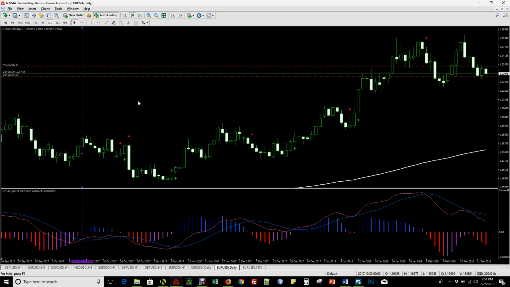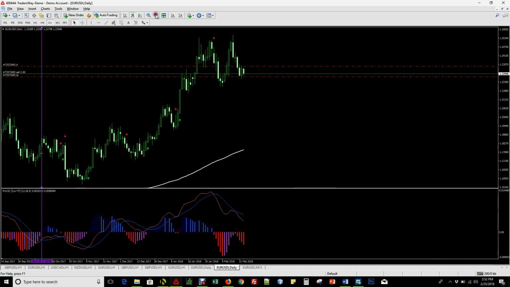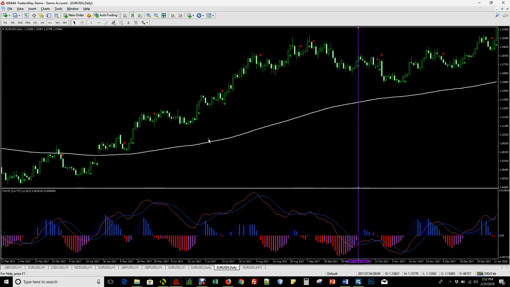Right now I have the EUR/USD chart up. As you can see, there are some little arrows on here. This indicator does not repaint. We also have the 200 simple moving average, and we have the MACD crossover indicator.